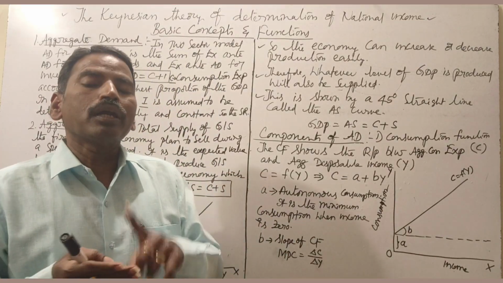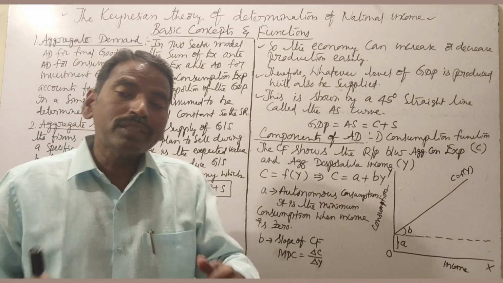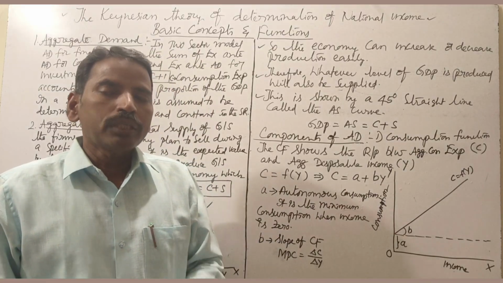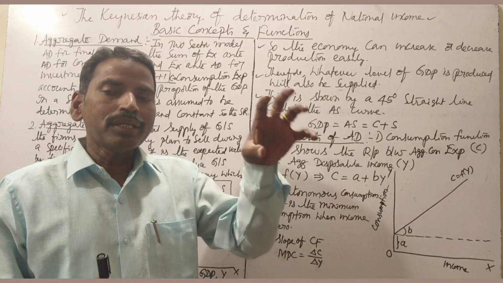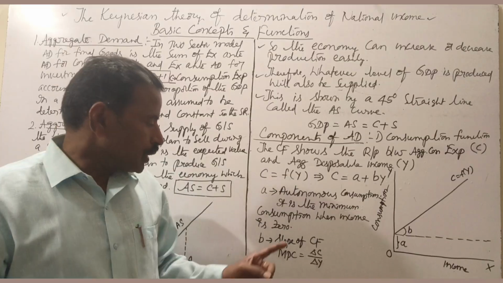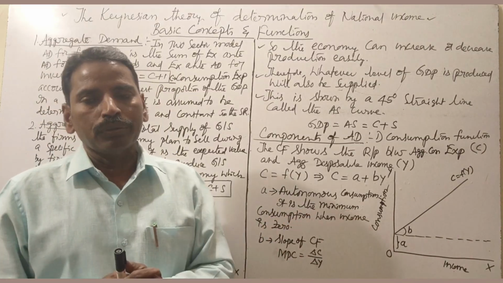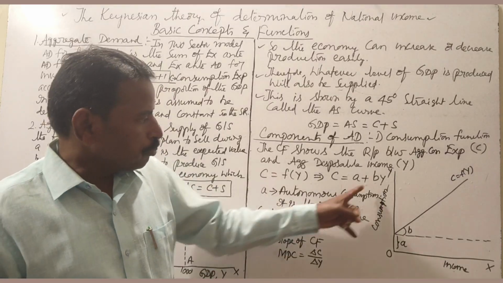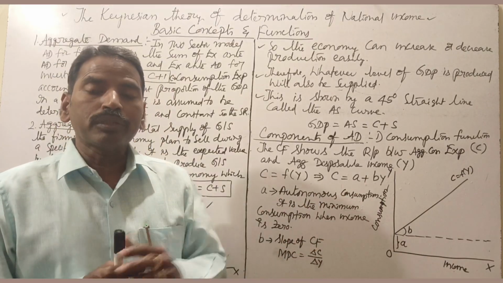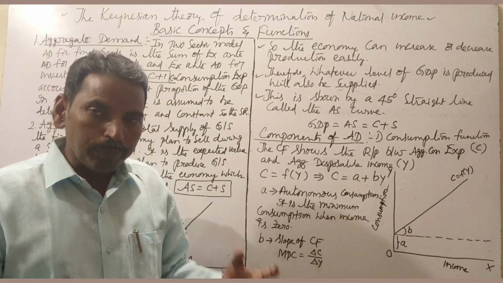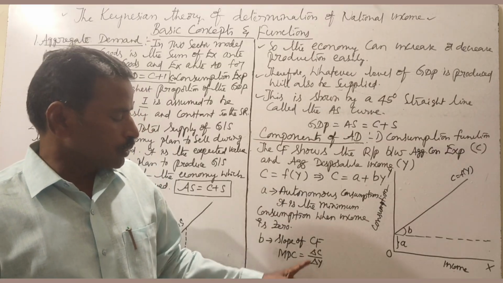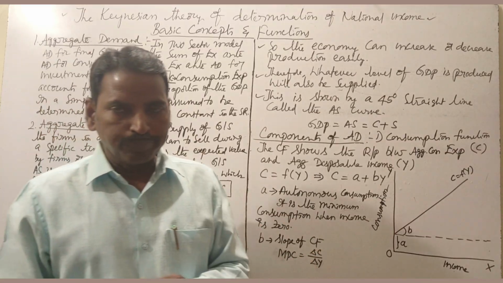A means autonomous consumption, the minimum consumption when income is zero. Next, B, the slope of the consumption function, is called MPC. MPC is equal to delta C by delta Y.